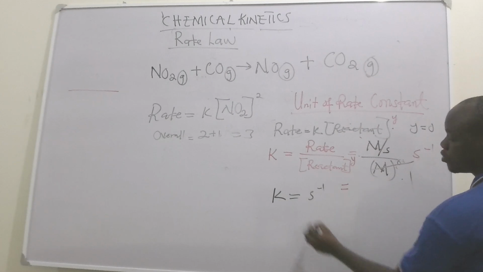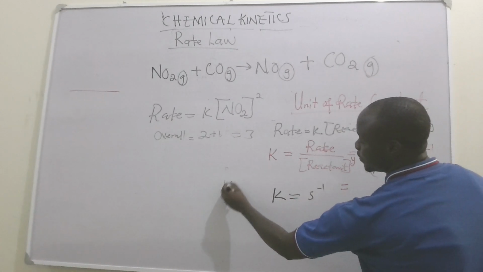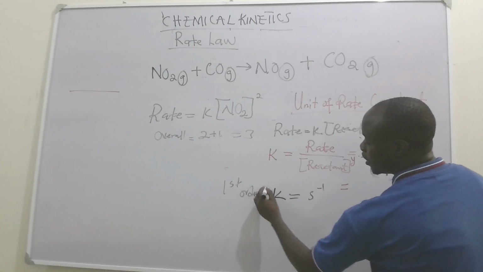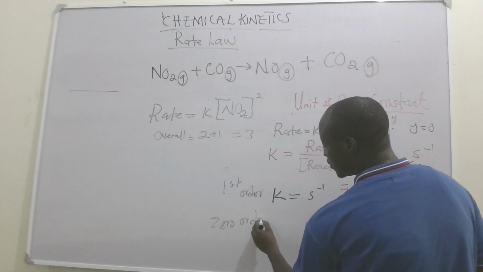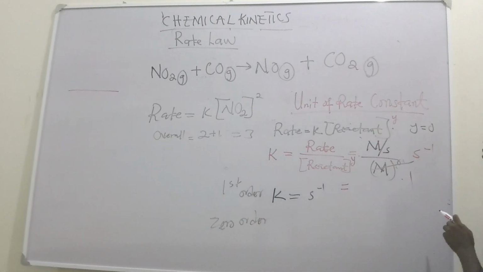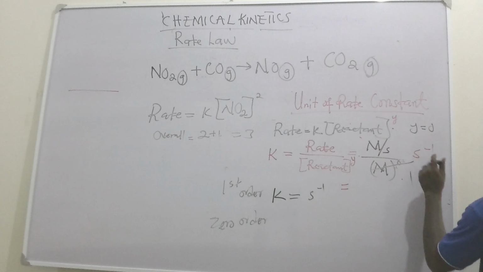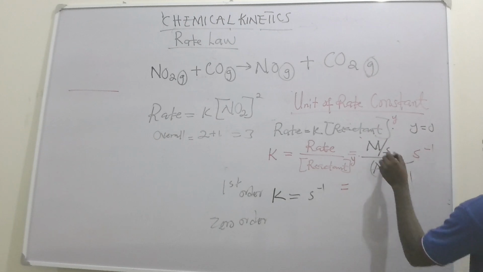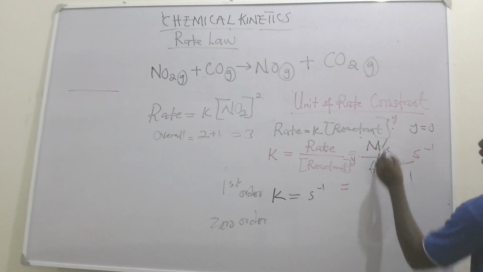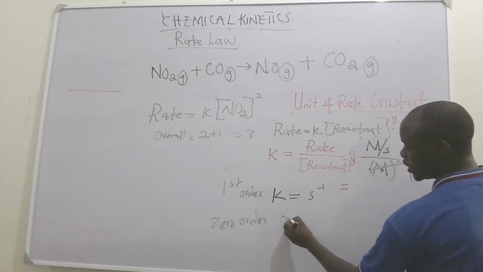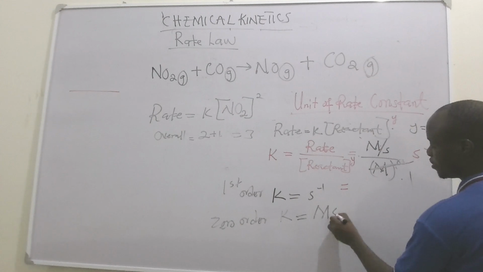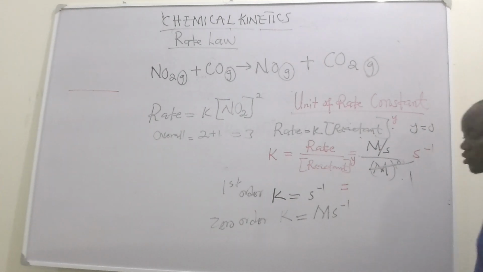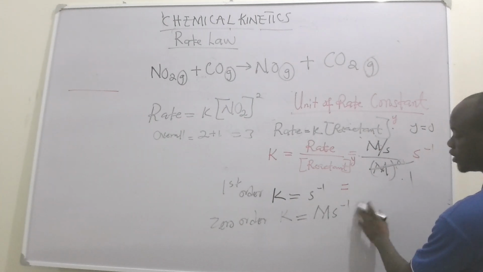So for the first order this is what we have, and of course for the zero order, because this one is 1, our K is going to be molar per second.